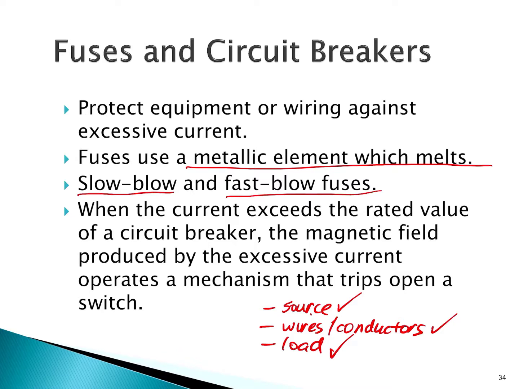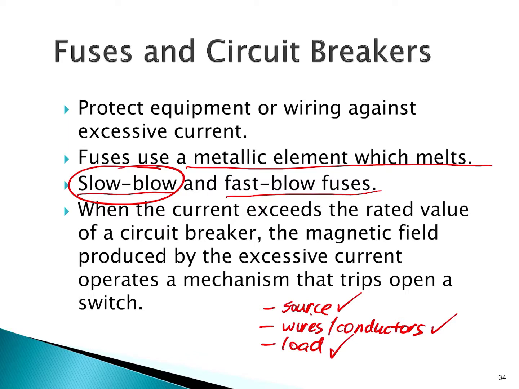Slow blow fuses are used for circuits where there's a little bit of initial surge current that's above normal load current that needs to be allowed when it's first turned on, and then if it sees a sustained excess of current, it'll blow, and that's what's called a slow blow. It protects against false trips when you have an inrush current.